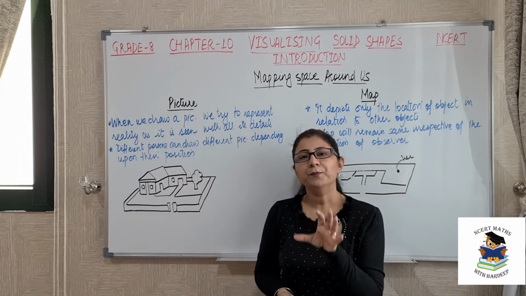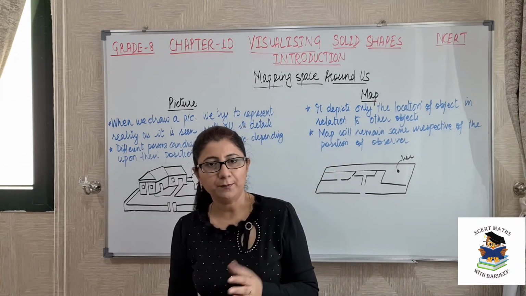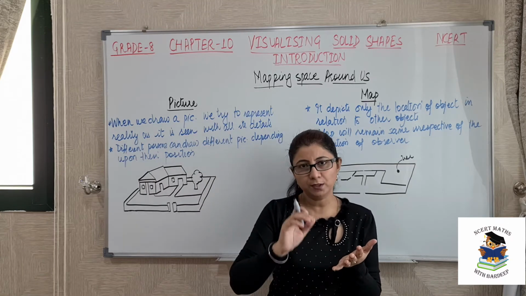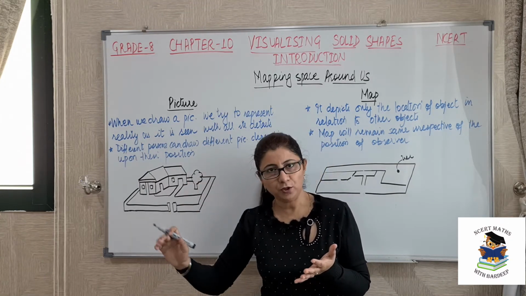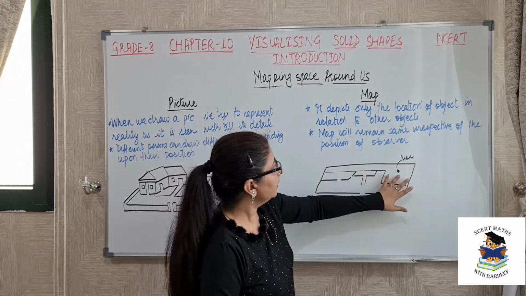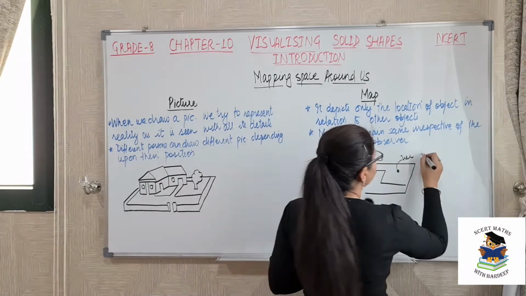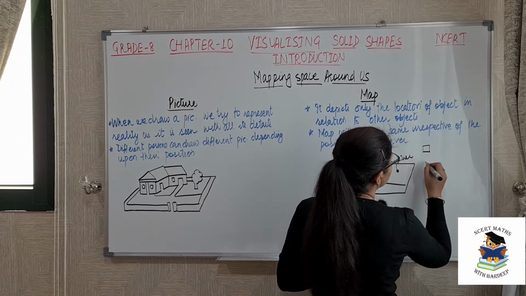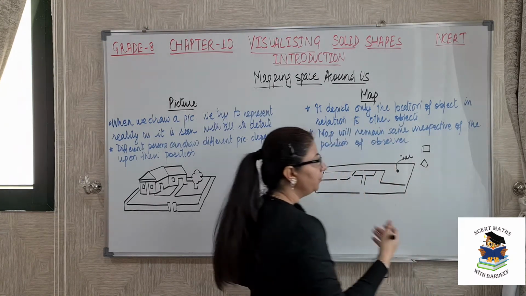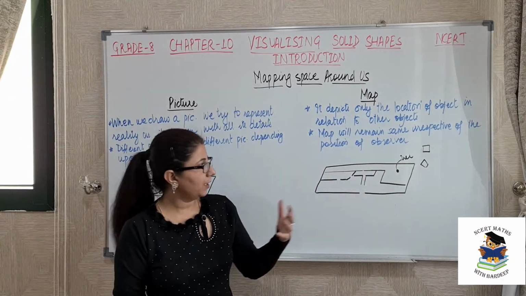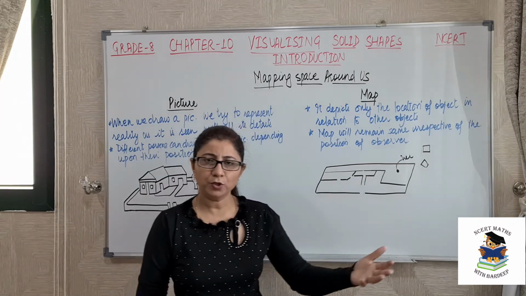But always remember a few things about a map. The first thing is we should use different symbols to show different objects. Like here I have used a dot for a tree. Similarly you can use something like this or different rectangles. You are familiar with different types of maps you have done in your lower grades or in geography also.